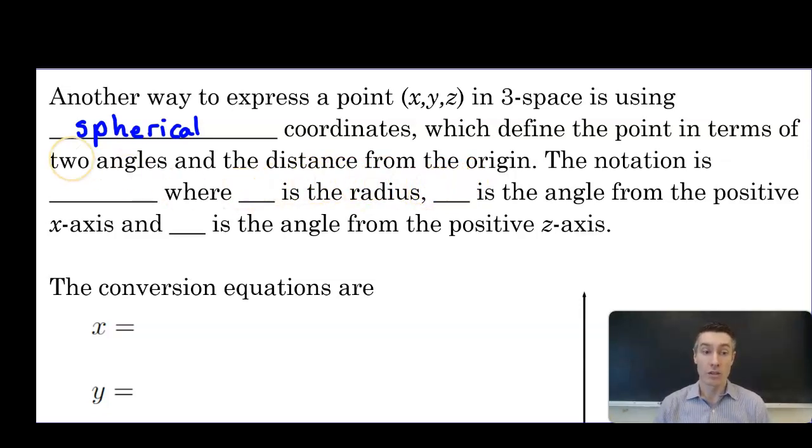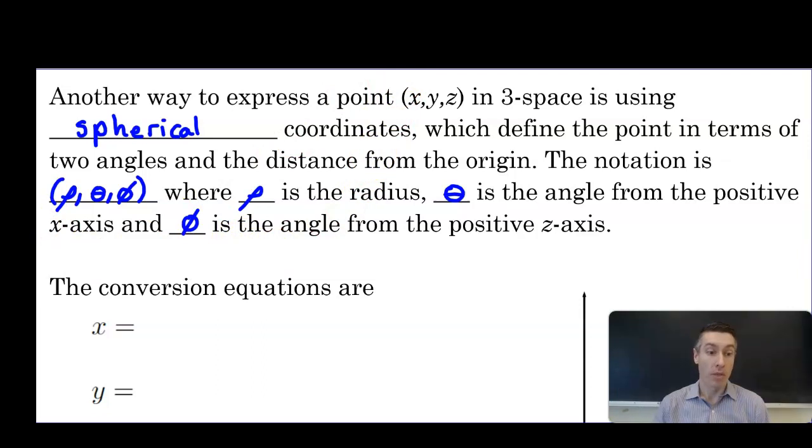So notationally, our point is going to be rho theta phi, where rho is the radius, so the Greek letter rho for the radius. Theta is still the angle from the positive x-axis, and phi is the angle from the positive z-axis. Right, so these are the variables that you're going to see when we're working in spherical coordinates.